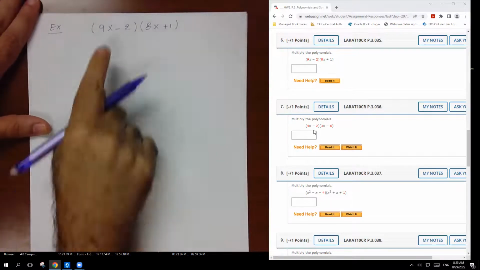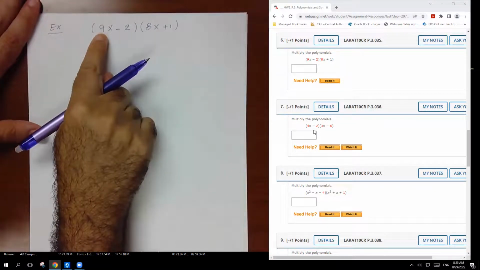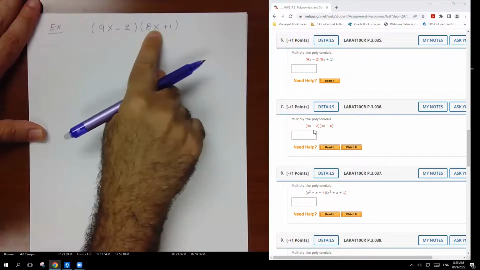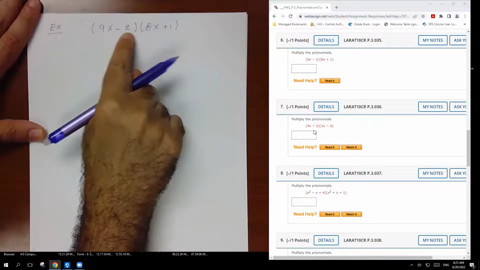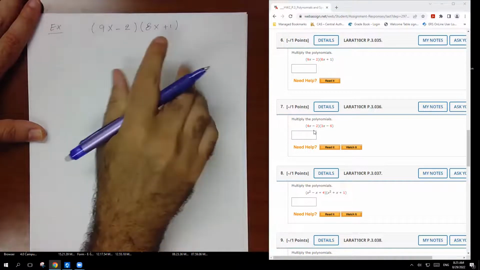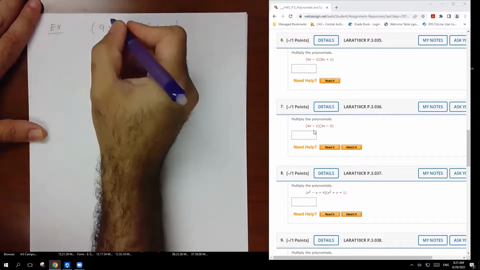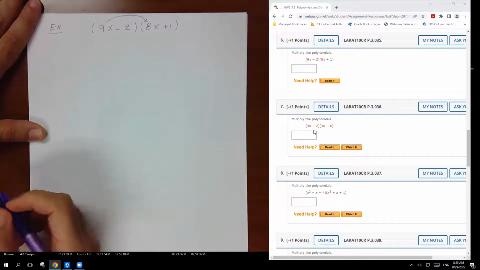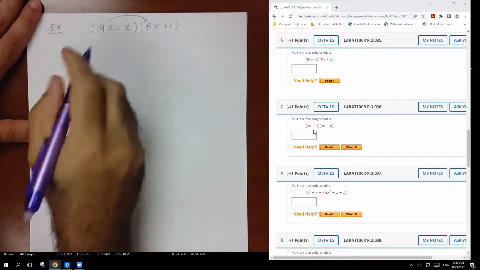We're going to start from 9x. We're going to distribute 9x to the second binomial. Then we're going to go back to distribute -2 on the second one. This is called FOIL method. So I'm going to say 9x times 8x. Multiply the numbers.